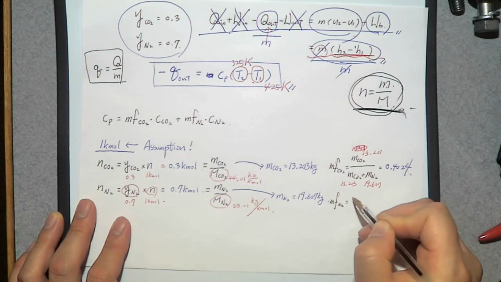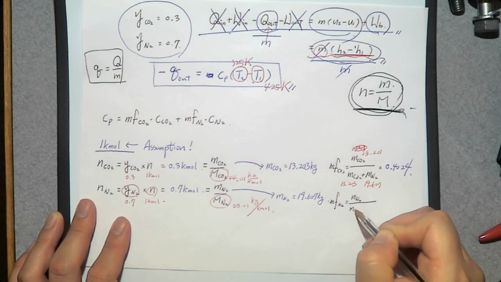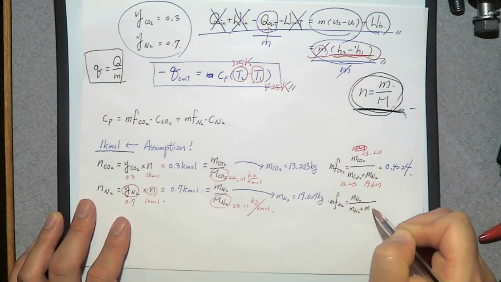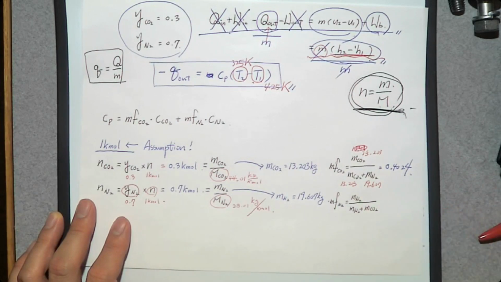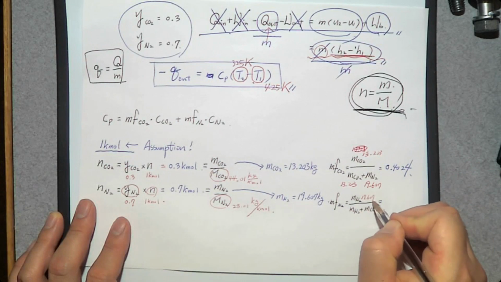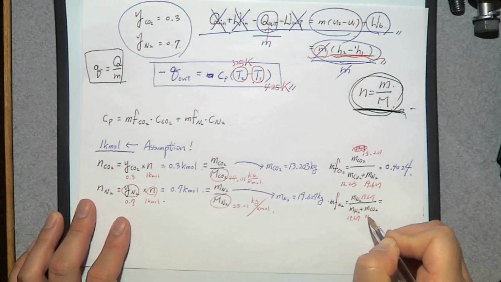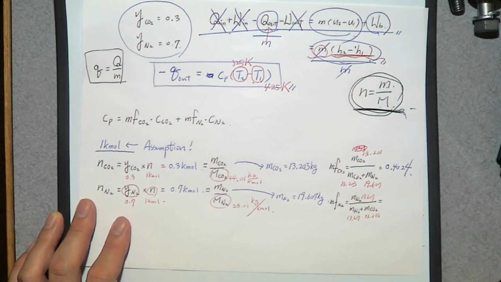What about the mass fraction of nitrogen? It can be determined by the mass of nitrogen divided by the mass of nitrogen plus the mass of carbon dioxide. The mass of nitrogen is 19.607, over 19.607 plus 13.203.